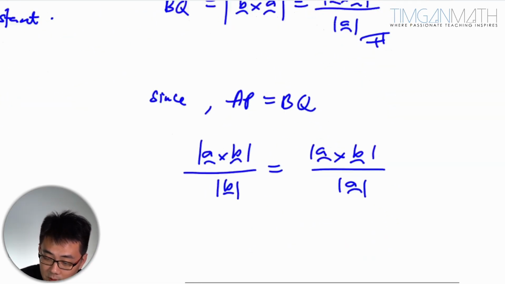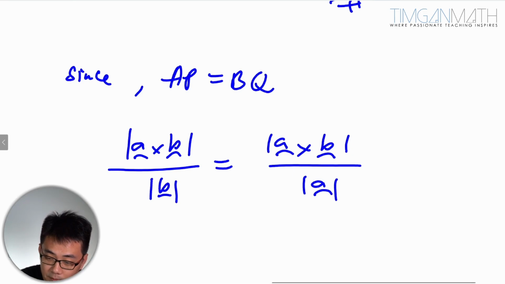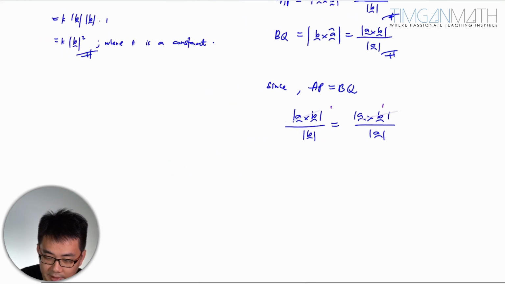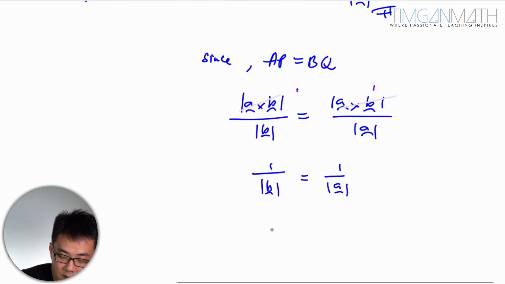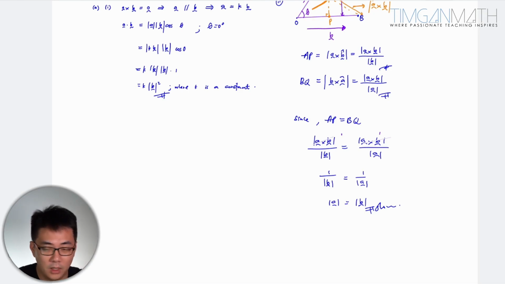These two are the same values, so you can actually cancel this out. Life is good, easy job. These are scalar values, and cancel this out. This will be 1 over mod B, this is 1 over mod A. Then mod A equals mod B. 1 mark. Quite okay, I think.